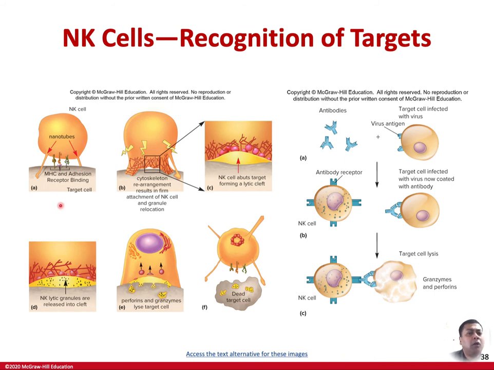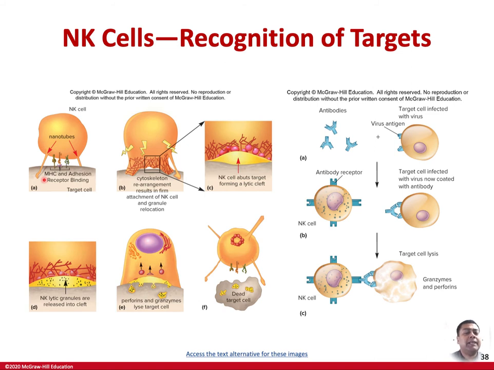Although there are some specific things which we are going to talk about mainly in the next chapter, I'm just giving an overview of what happens in a cell once it is infected by a particular pathogen. So here is a target cell, say a normal body cell. If you carefully look, on top of this there are some MHC and adhesion receptor binding proteins.